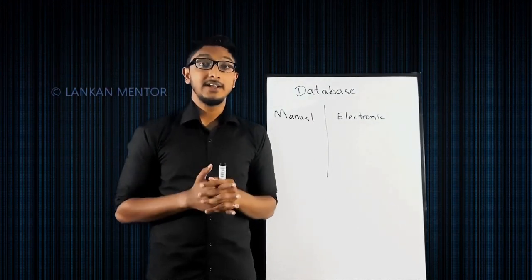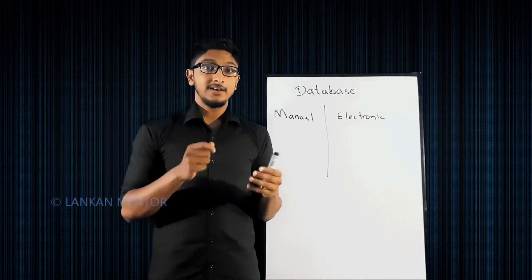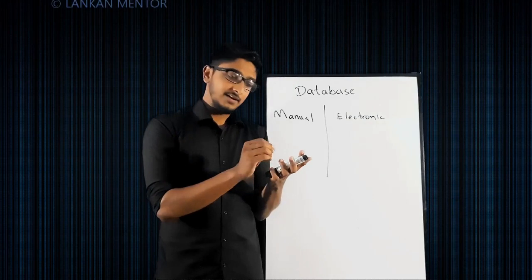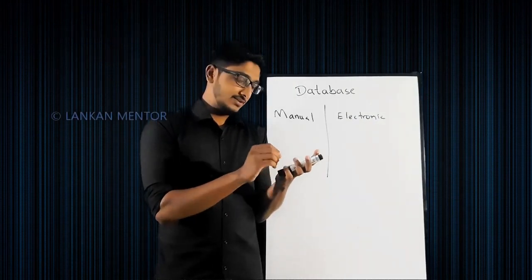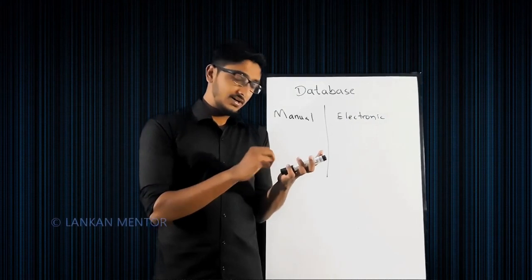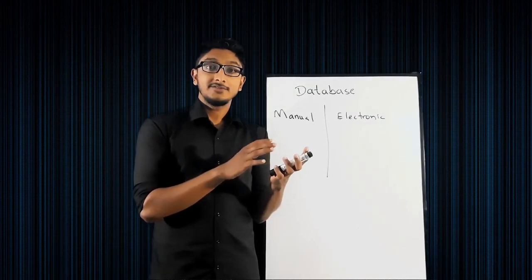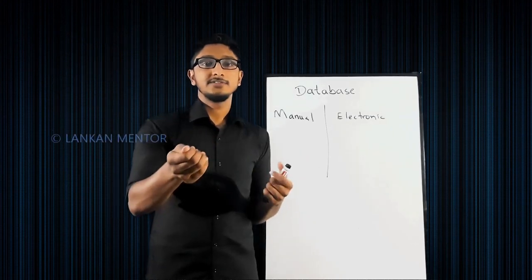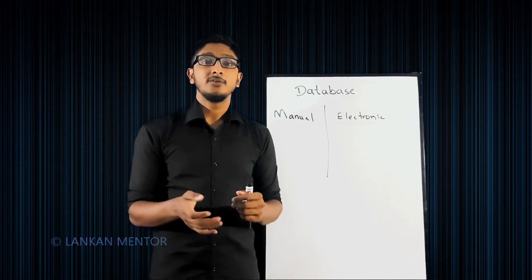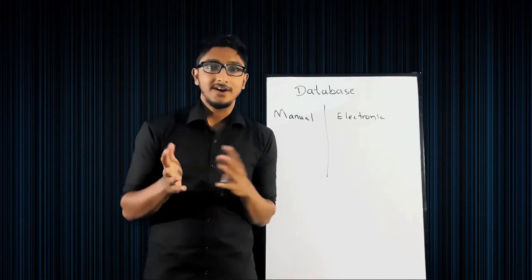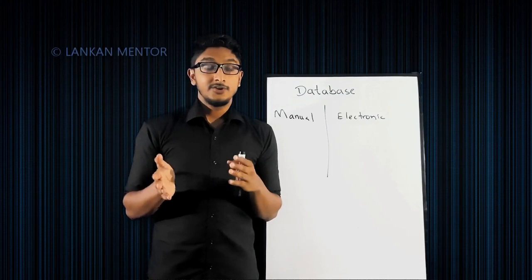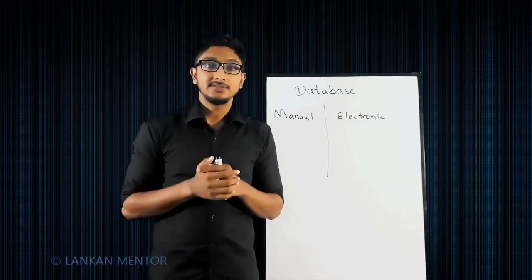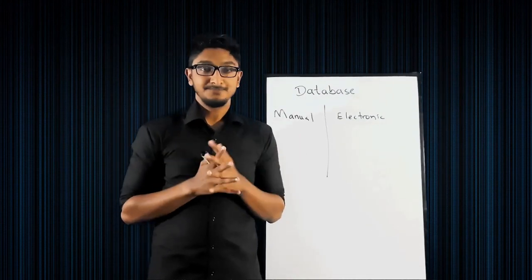Let's say if it is a manual system, then they'll take a bill book, write down, okay, sugar 500 grams, rice, biscuit, chocolate, milk, so and so. So how much time would it take? Okay, one bill generated, this is your bill, this much is the amount. So they'll take the payment and the transaction would be done. So for 500 customers, they'll be issuing 500 manual bills if it is a manual system.